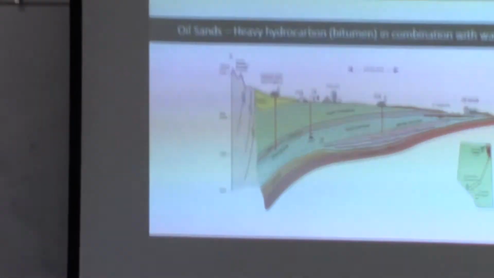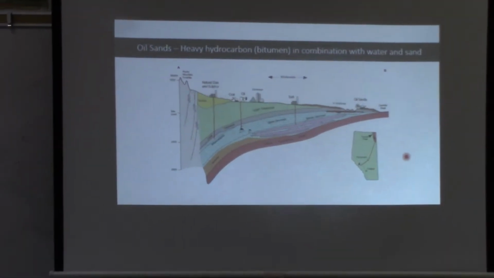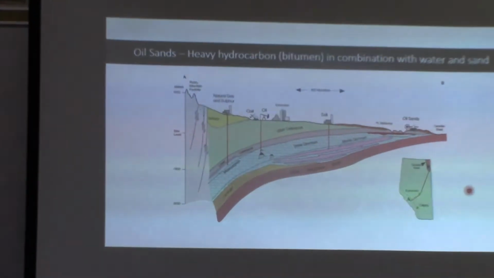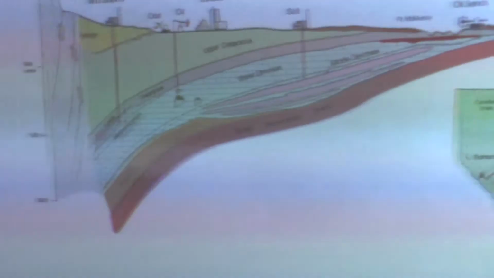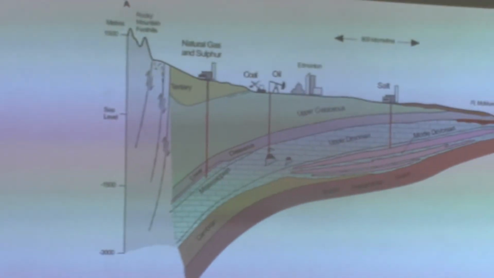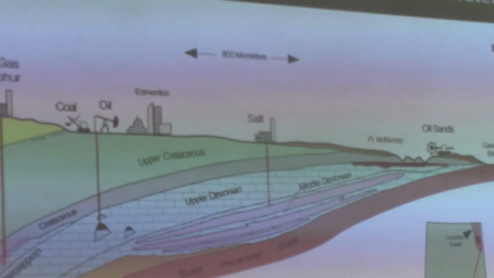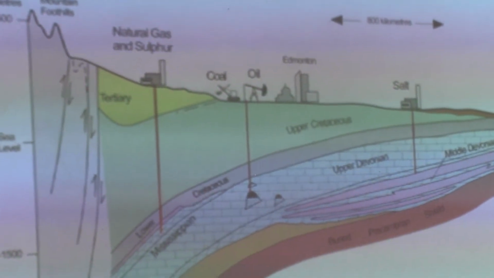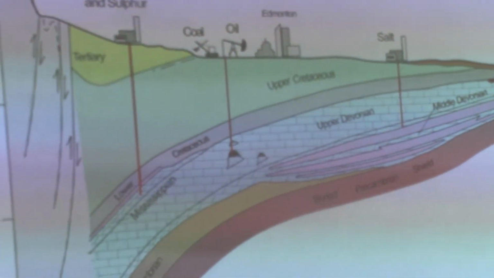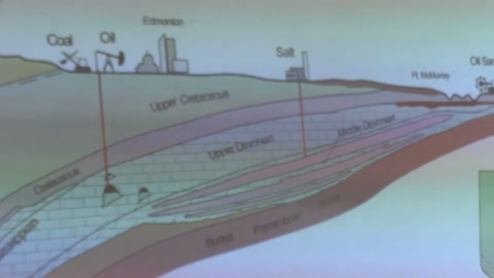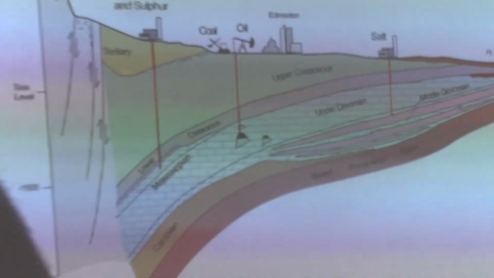I'm going to show you another image here. This is kind of a cross-section of the province of Alberta. If we were to look at the province, from the topsoil layer down, this is the Rocky Mountains to the west.